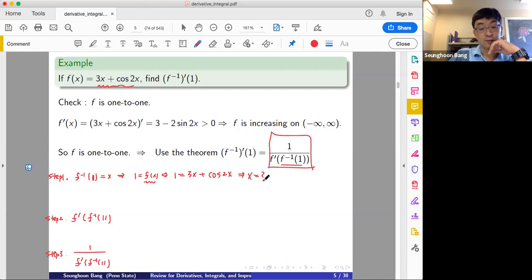So what is x? Could you write your answer on the chat board? Which number satisfies 1 equals 3x plus cosine 2x? The answer is 0.